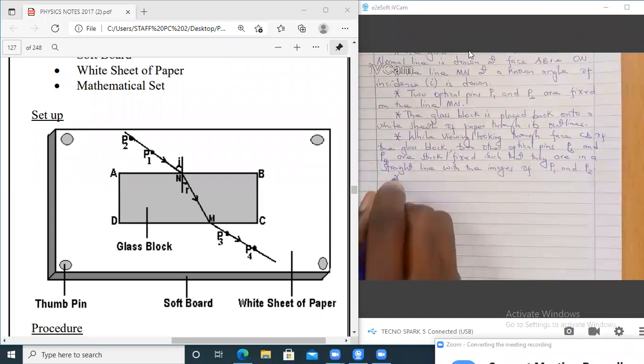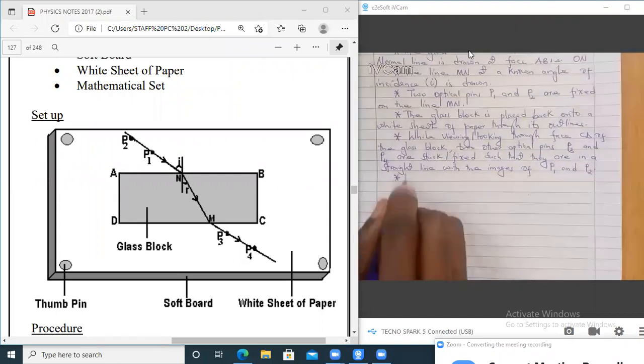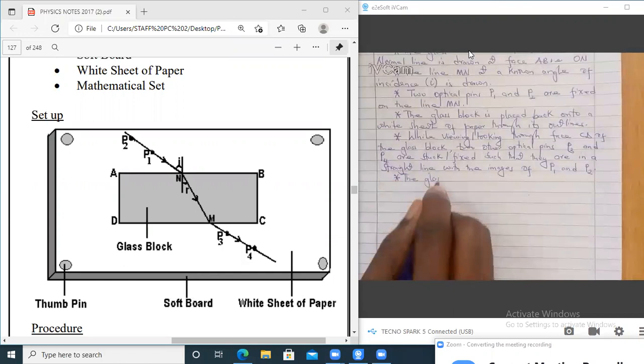After that, members, the glass block, I want to expand it so that it looks very simple and simplified.